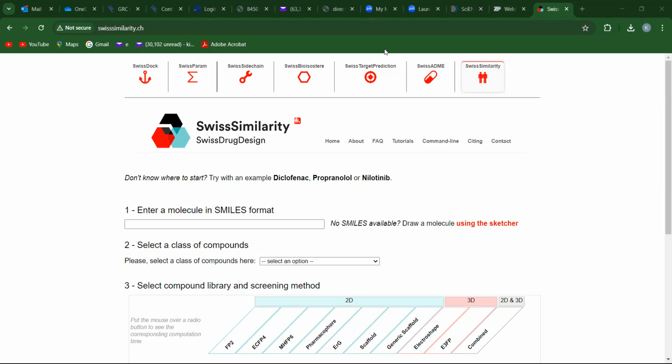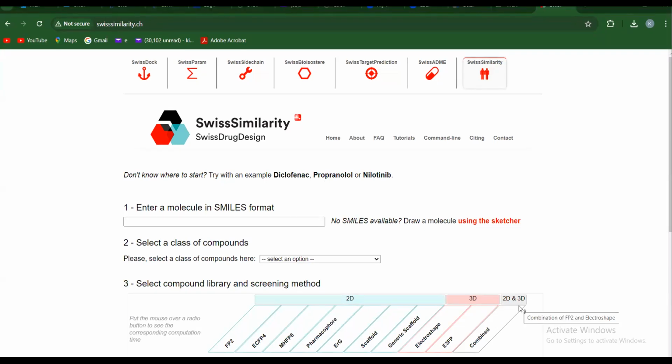Let me change this because I want to slow down. For instance, we can use lopinavir as our reference. I can say, okay, I don't like the result I got for lopinavir and the rest.